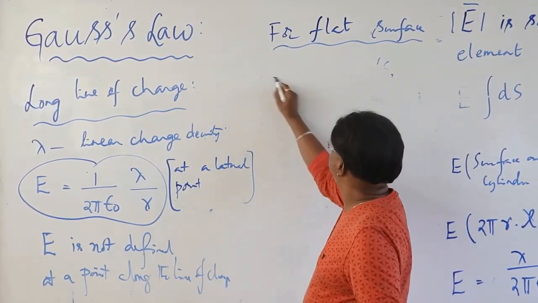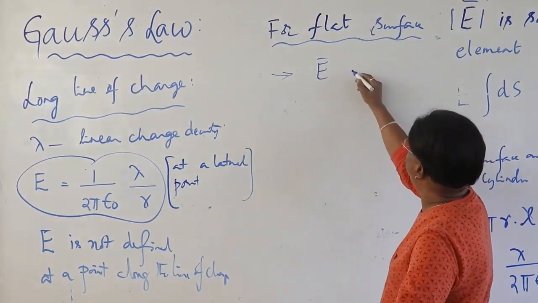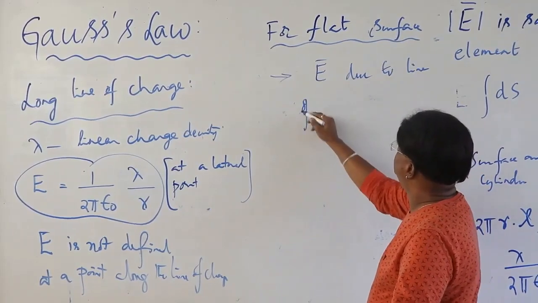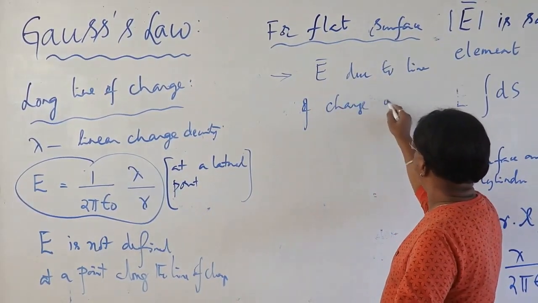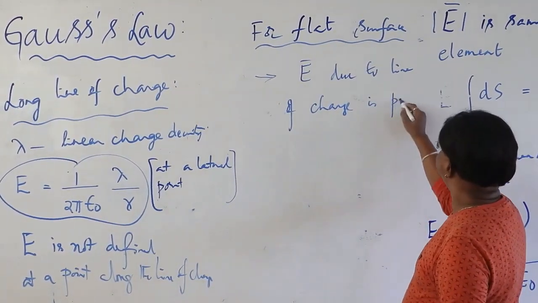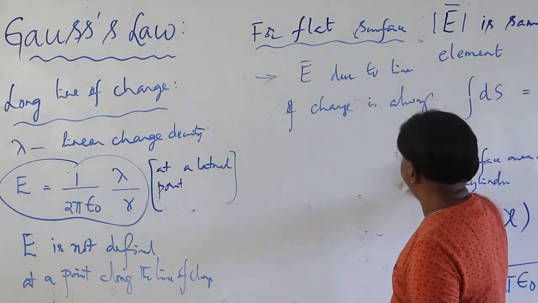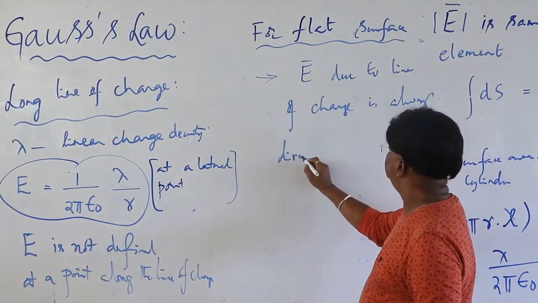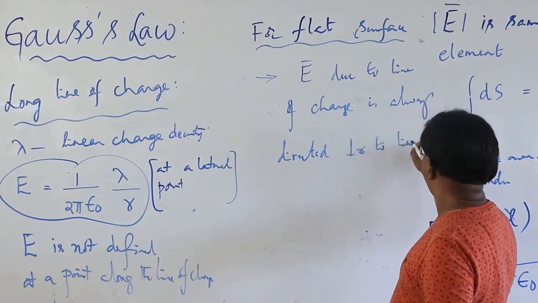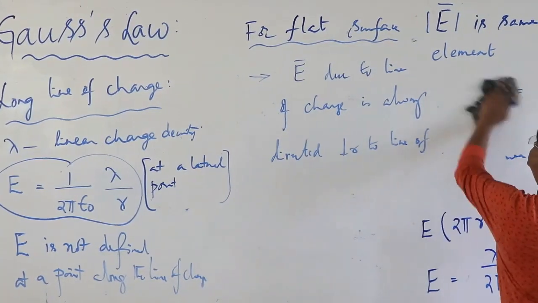One more point, that is E bar due to a long line of charge is always directed perpendicular to the line of charge.